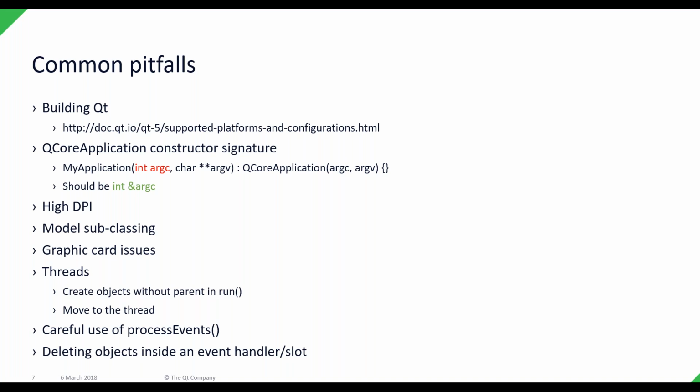Then lastly, this comes up a bit more often than you would think, is deleting objects, as in, for instance, calling delete this inside an event handler or a slot.